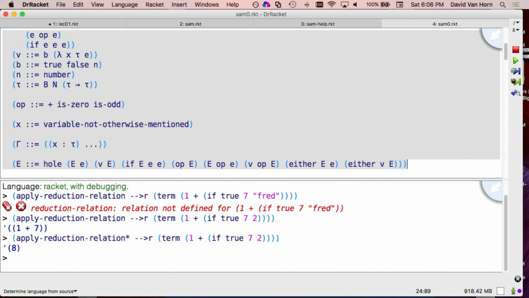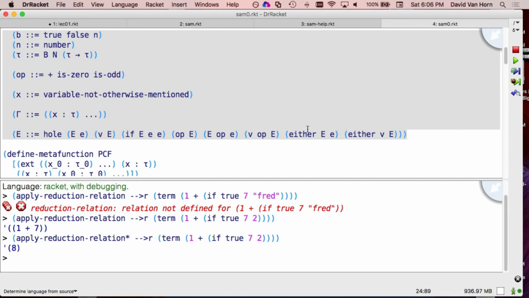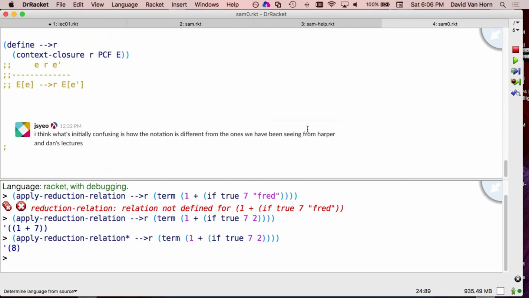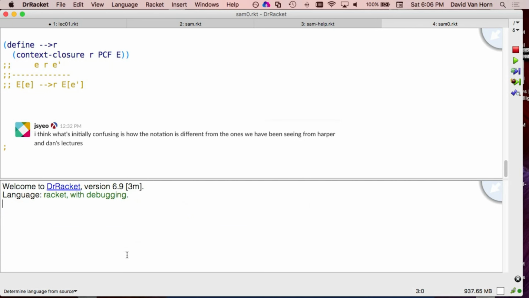We can go back and make different choices in a second. Okay, and let's do this. 1 plus either 7 or 2, and you go back 3 or 8.